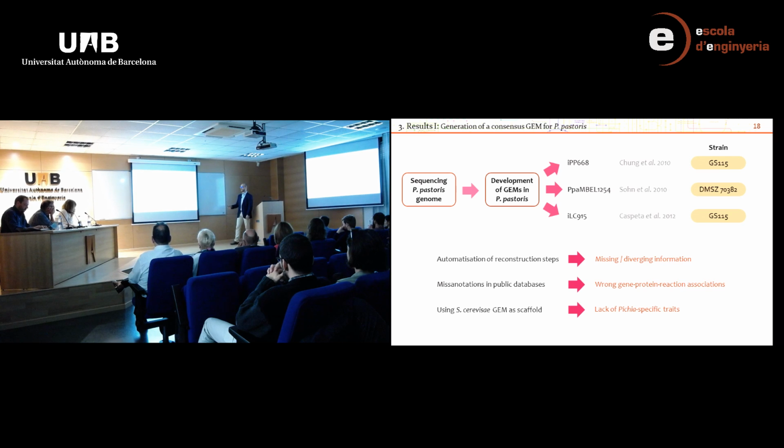For instance, misannotations in public databases, if they are not curated in order to incorporate this information into the models, can give wrong gene-protein reaction associations. In addition, all of them were based on a Saccharomyces cerevisiae model as a scaffold. Therefore, some Pichia-specific traits were missing.